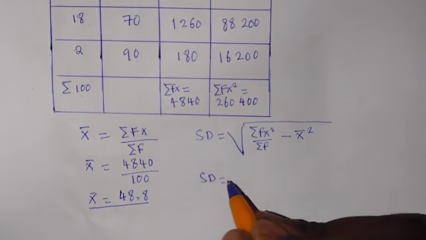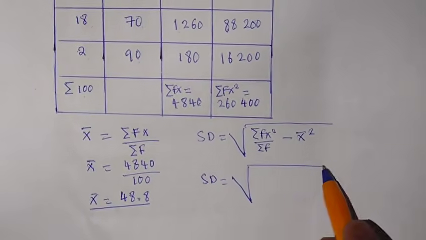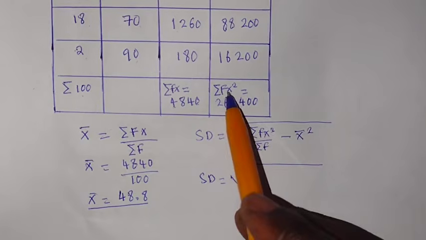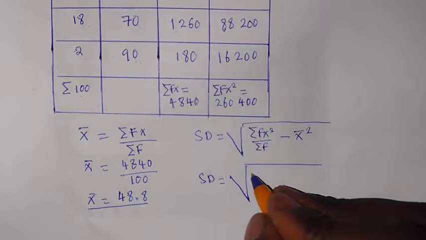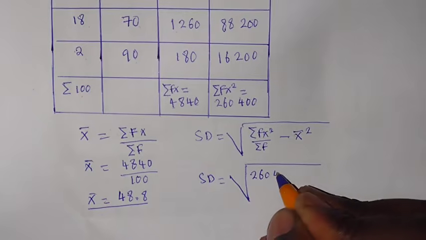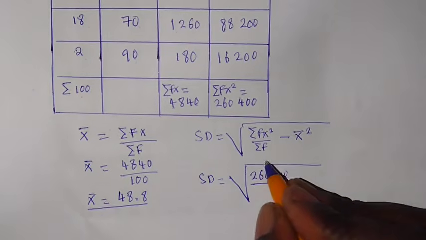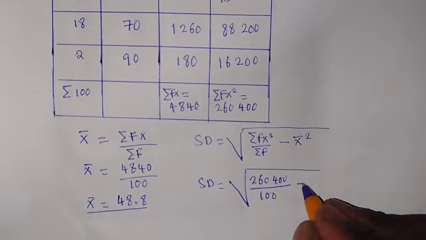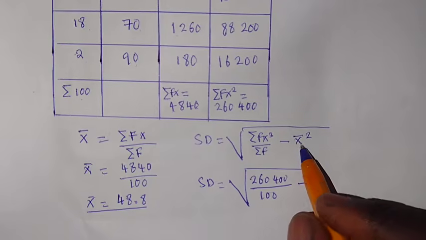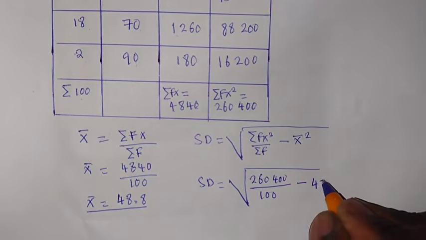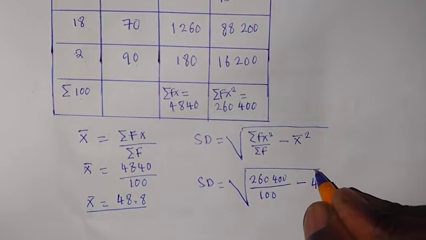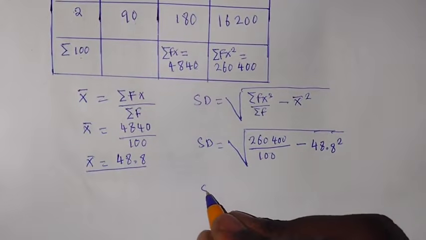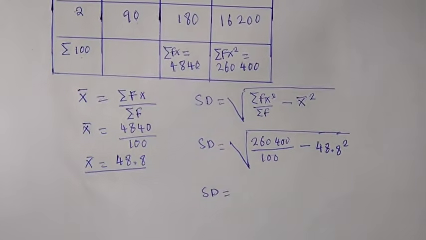Standard deviation is equal to the root of summation of fx squared, which is this value here, 260,400, divided by summation of f, which is the 100 here. Then take away the mean squared. Our mean is 48.8, then we square it. Don't stress here. Just punch everything on your calculator.